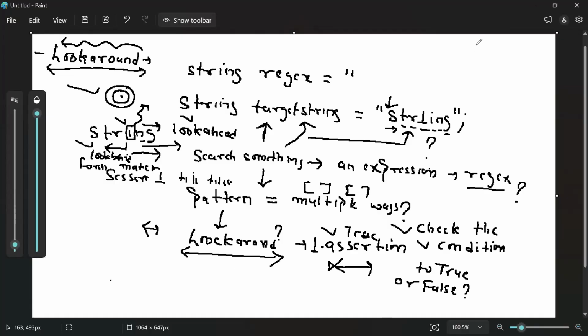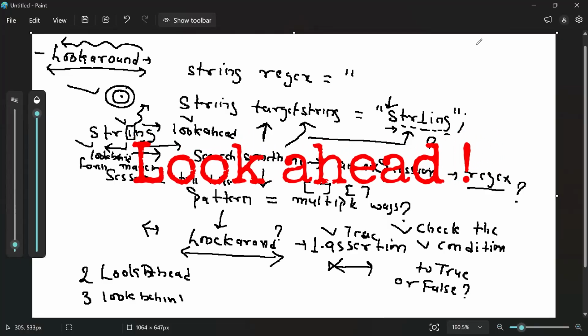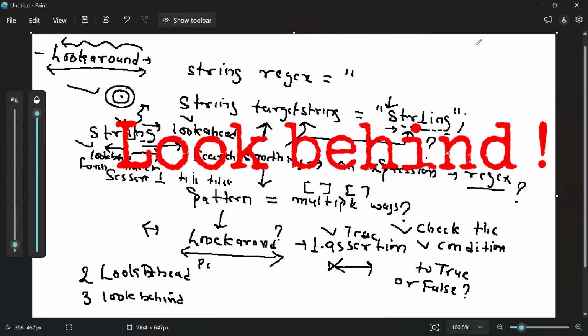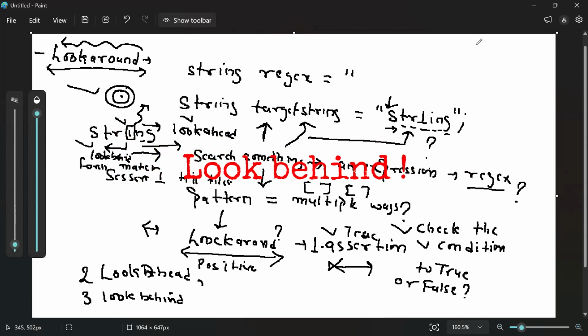Another thing in the context of look around is that we have two types of look around: one is called look ahead, and the other is look behind. Here we have positive look ahead and negative look ahead.